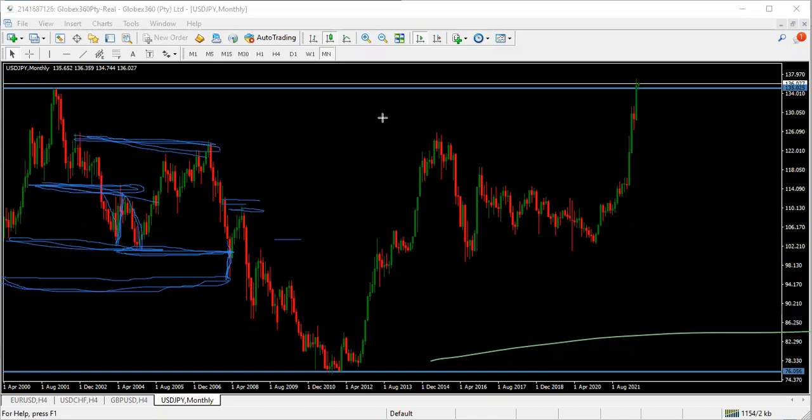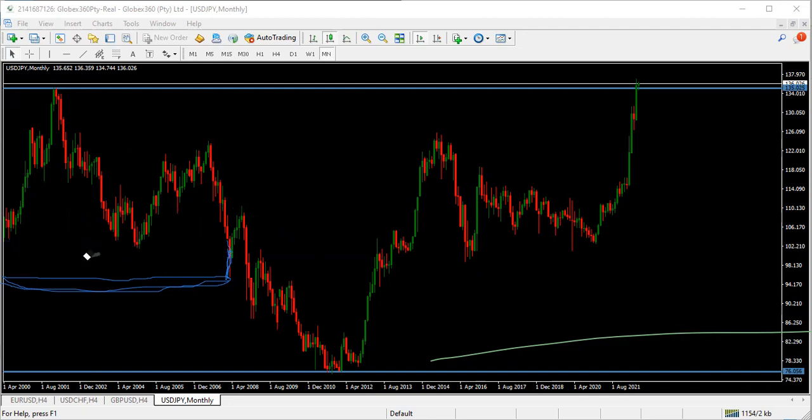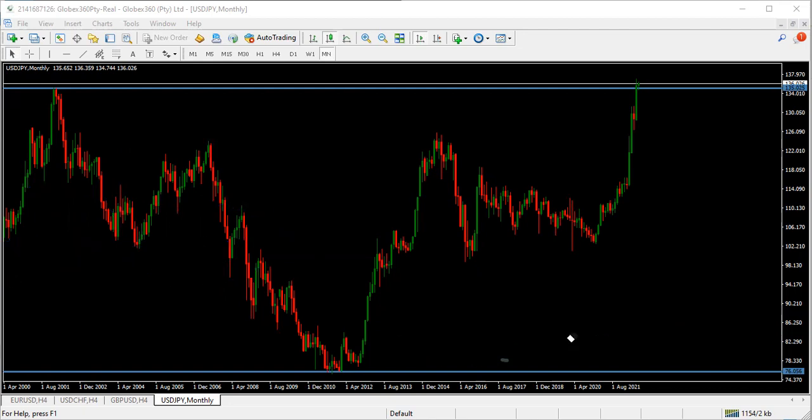The price turned here. Let me remove everything so that you can see the formation eventually. And remember, it won't be as accurate as you think.